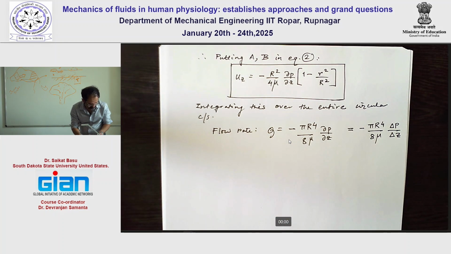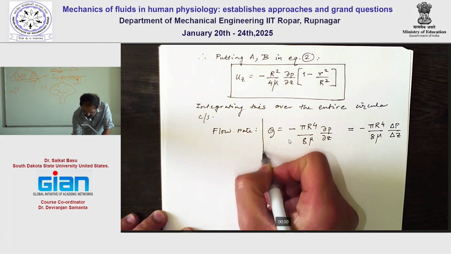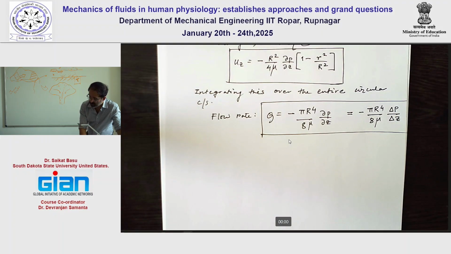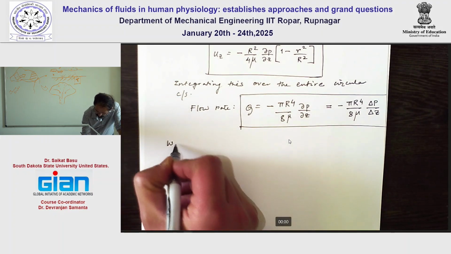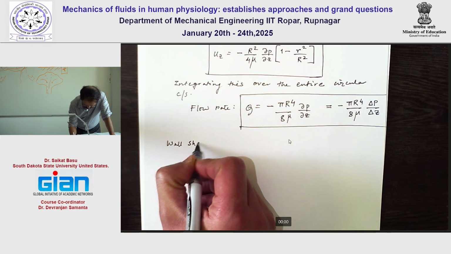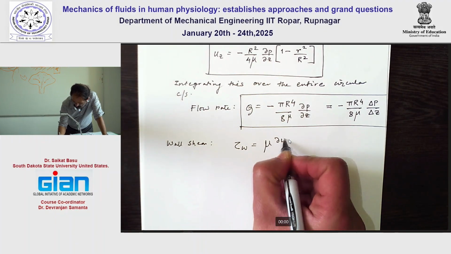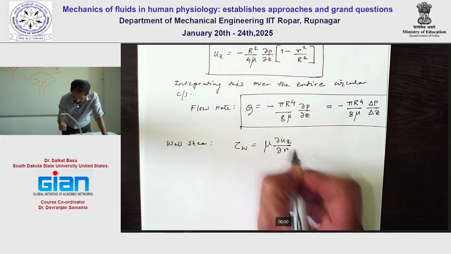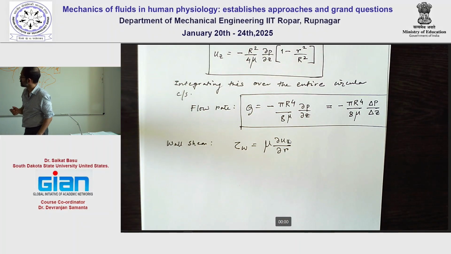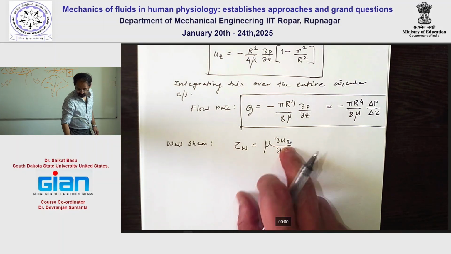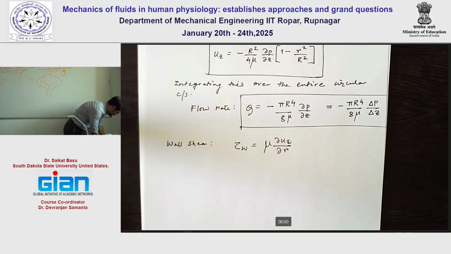Let me write this last thing down as well, although we are not going to need this for the problem that I'm going to solve. So this is the flow rate. The wall shear could be derived as we know, tau equals mu del u z del r. So Newtonian, so the mu is just mu over here. Now this del u z del r we have already seen from the derivation what that is.